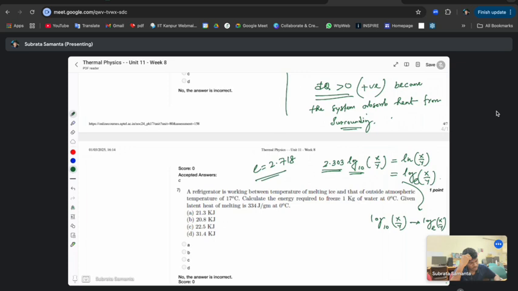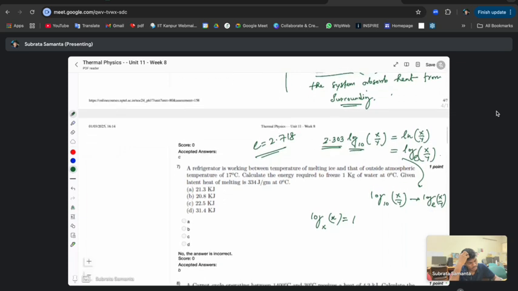Yes, so how to convert this? You can convert in this way.